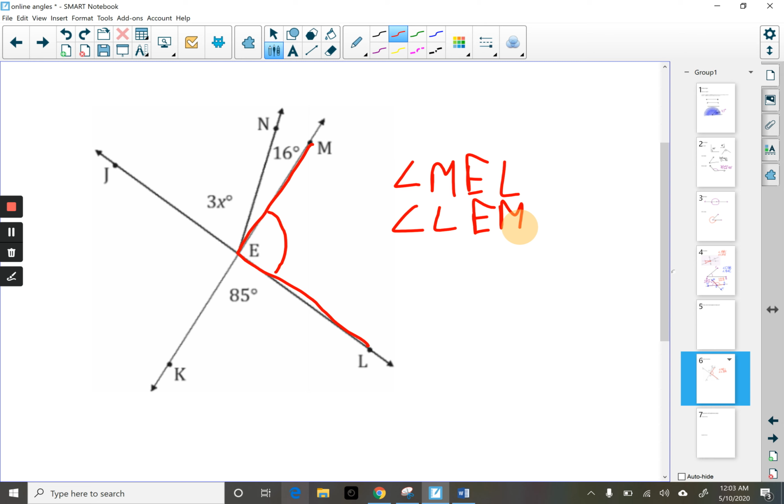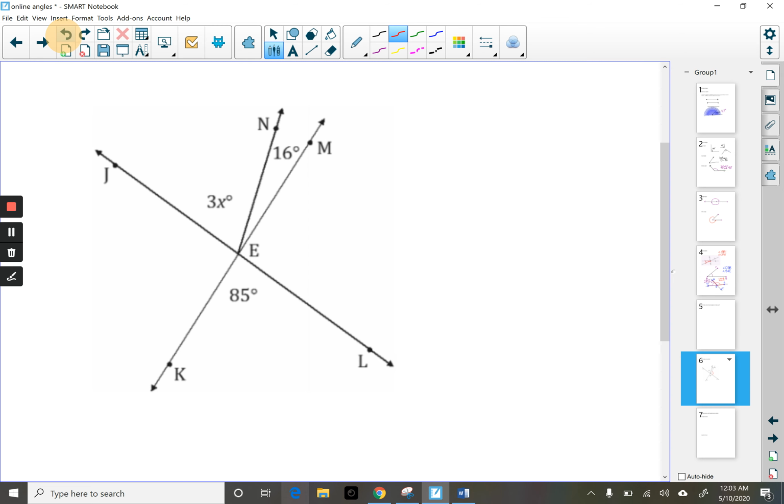Now, if I were solving this problem, you would probably say, wait a minute, the x is what I really care about, the variable. We see that right here. What angle am I actually trying to solve in this problem? The angle I'm actually trying to solve is the one that goes from J, E, N, which is labeled as 3x. Call that angle JEN or angle NEJ.